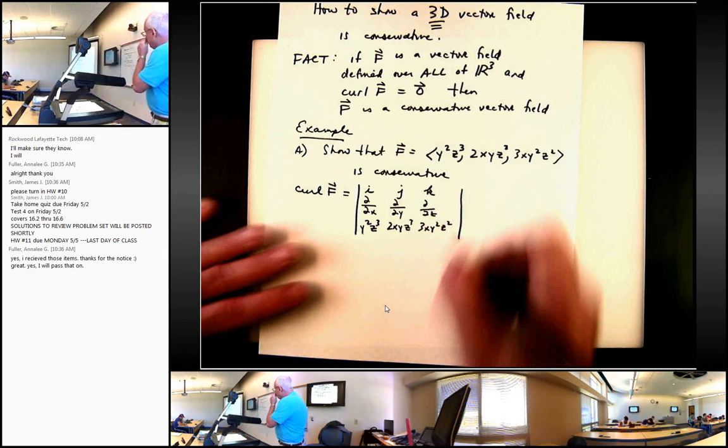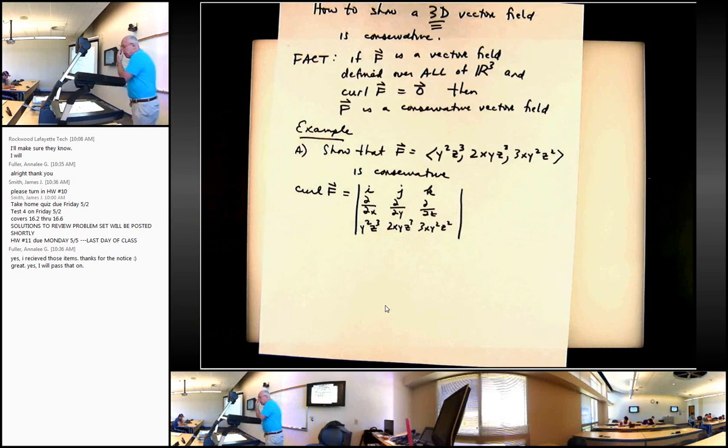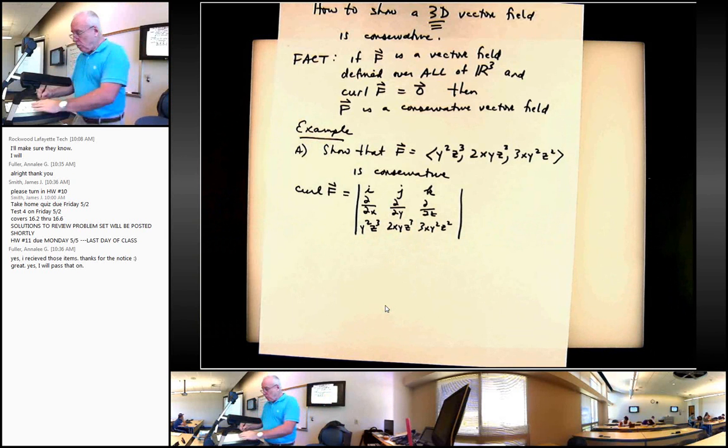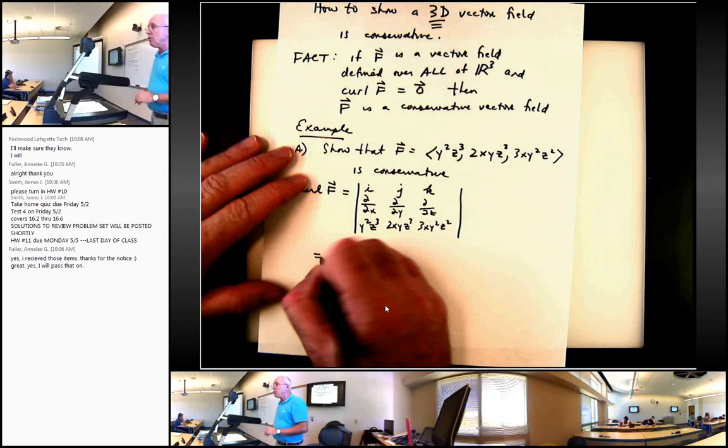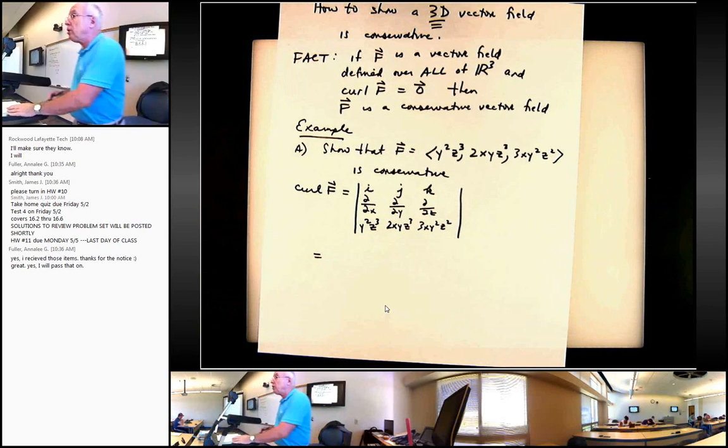All right. So what we're aiming for is that all 3 components are identically 0.